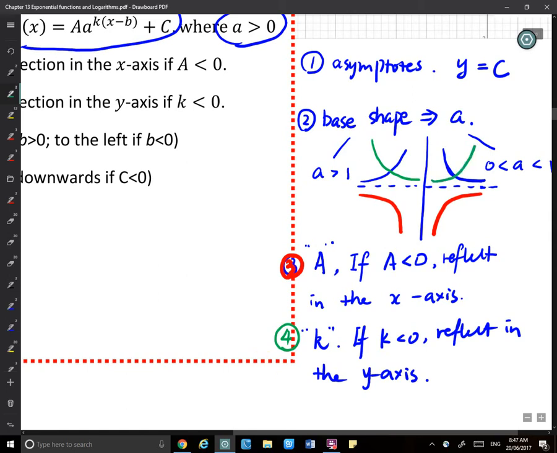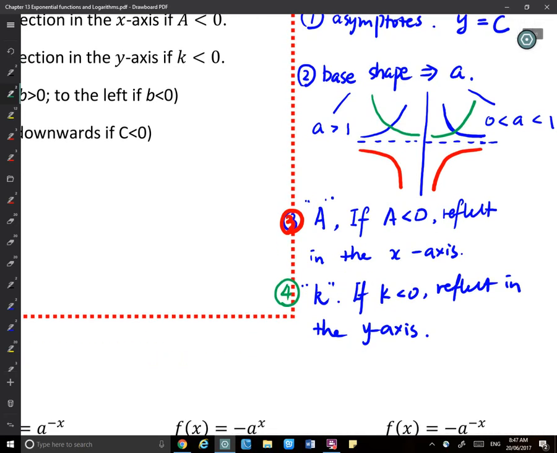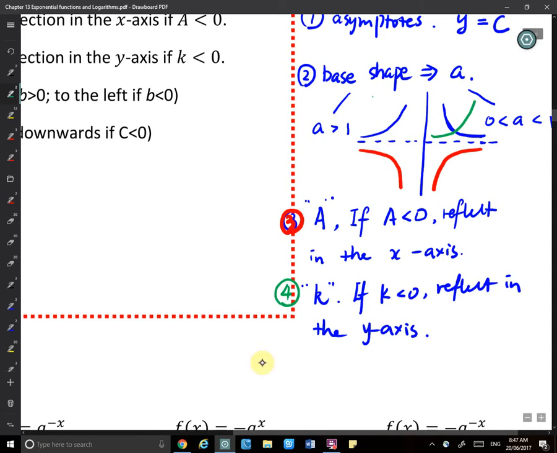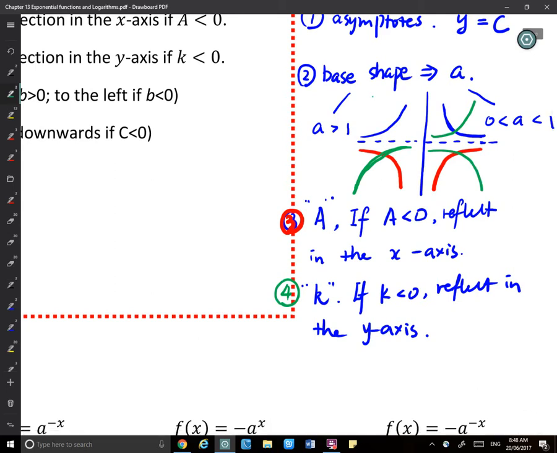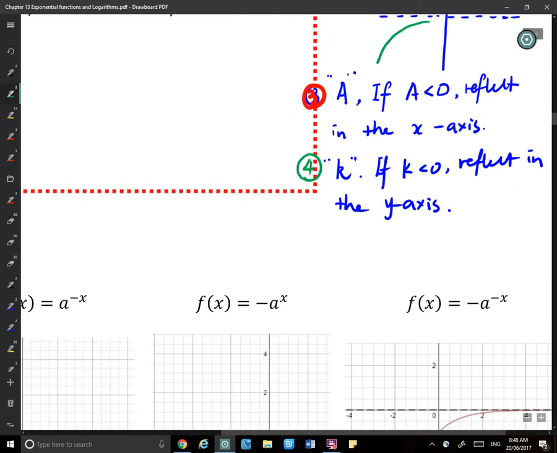You don't need to really sketch the graph; I'm just showing you how it gets reflected. Or it can reflect twice. For example, I choose the first base shape, reflect it by the x-axis, and then reflect it by the y-axis, and you have this green shape. Then you know what your graph looks like, where your asymptote is, and the trend of your graph. Therefore I can sketch the shape of the graph and try to find any points.